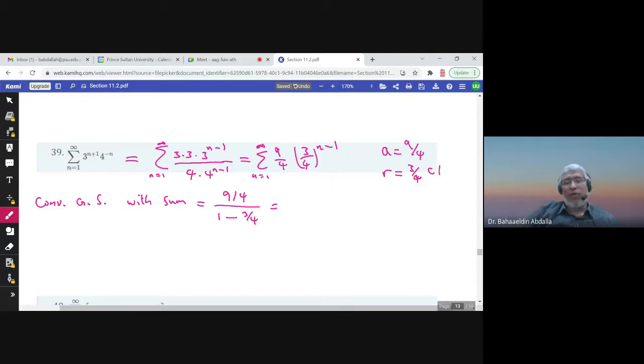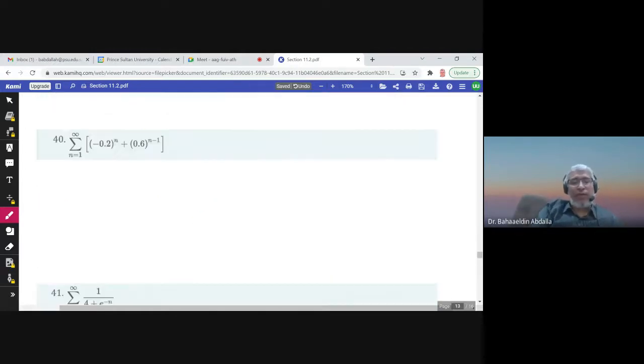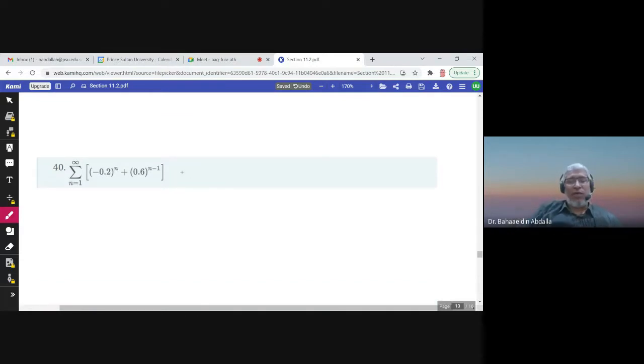And if you divide these two, you get 9. So the sum of this series is 9. Well, here I have two series. The first one is negative 0.2 to the power n, and I can write it as negative 0.2 times negative 0.2 to the power n minus 1.